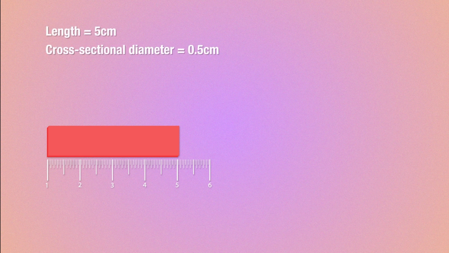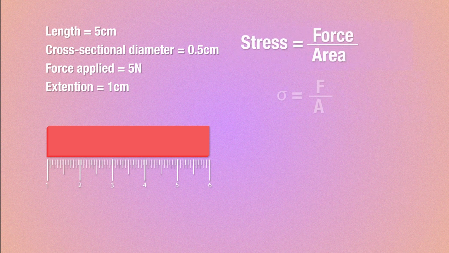Let's look at another example. Let's take a rubber band that's 5 centimeters long and has a diameter of 0.5 centimeters. We apply 5 newtons of force on the rubber band and it stretches by 1 centimeter. We can calculate the stress on the rubber band using the formula force divided by area. And the area here is the cross-sectional area of the rubber band.